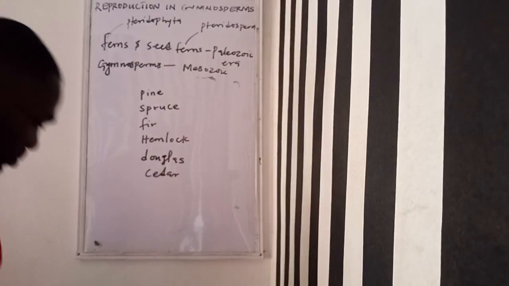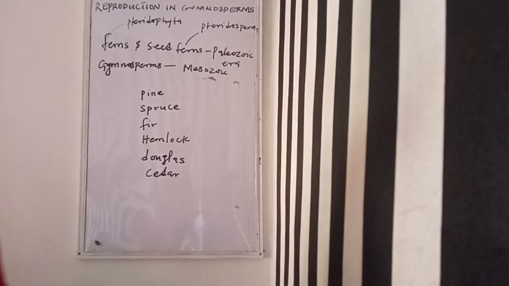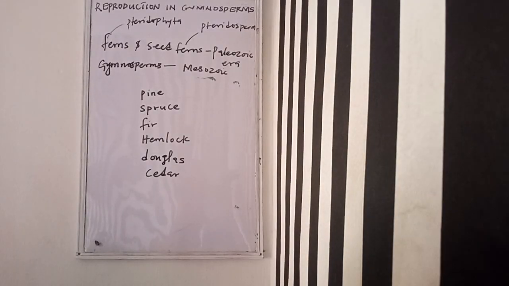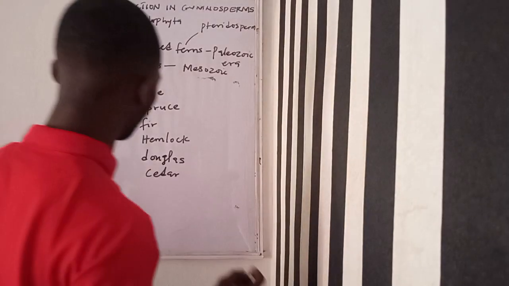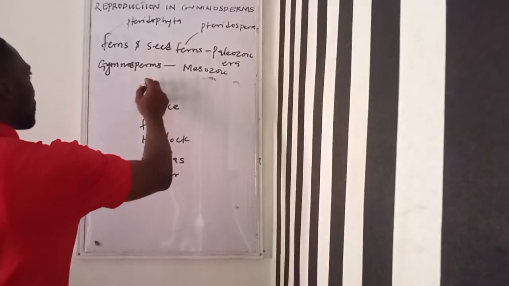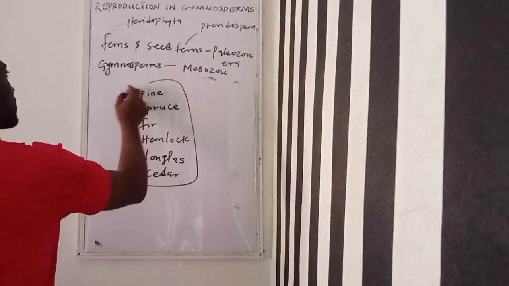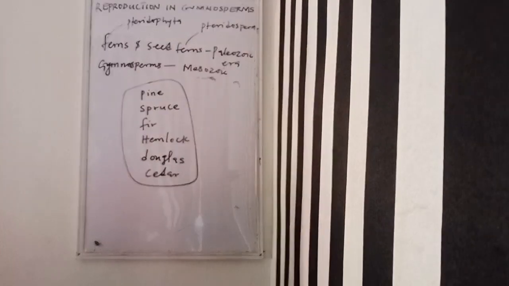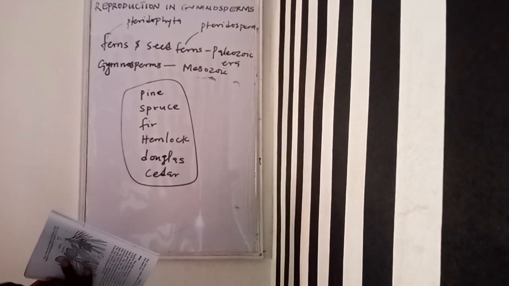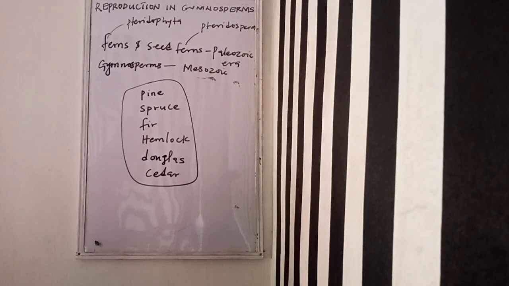I know you would have heard of cedar in Lebanon. These are the examples of conifers and also examples of gymnosperms: the pine, the spruce, the fir, hemlock, Douglas fir, cedar.